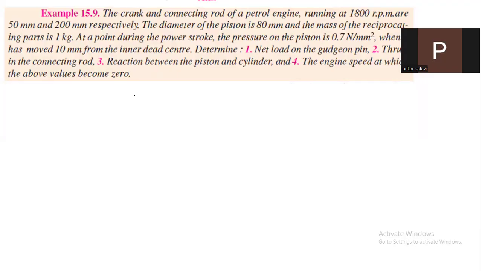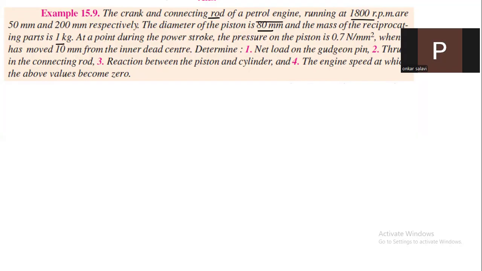Now see the second question. The crank and connecting rod of a petrol engine running at 800 rpm are 50 mm and 200 mm respectively. The diameter of the piston is 80 mm and the mass of the reciprocating part is 1 kg.